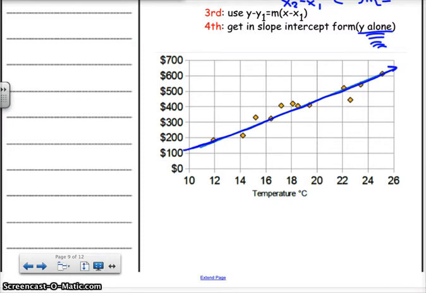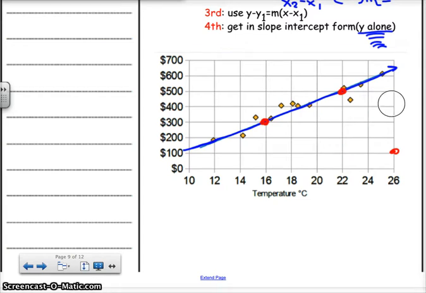Okay? I see this point. That's a perfect point, and I see this point. That's a perfect point. A perfect point is anywhere where the grid marks intersect. You know exactly what they are. That's a perfect point. Okay?